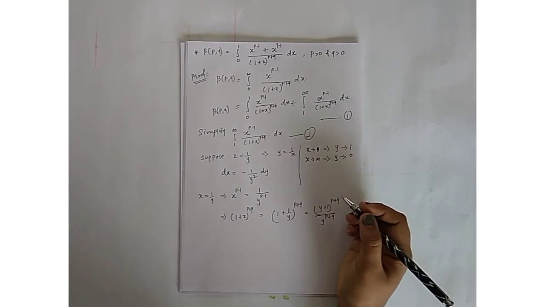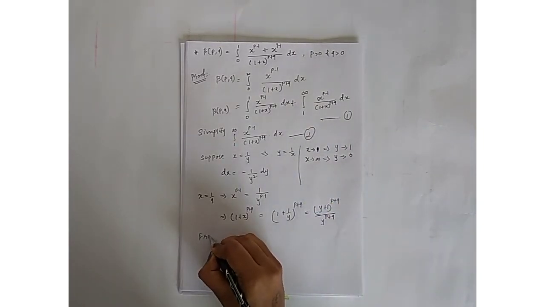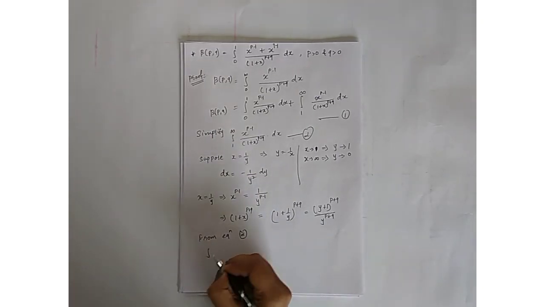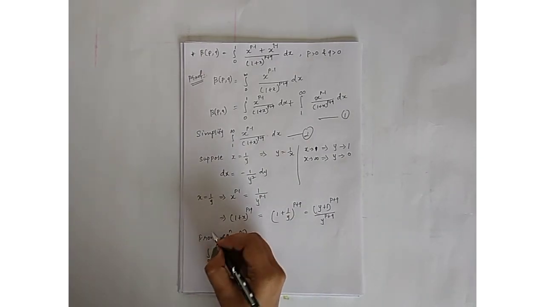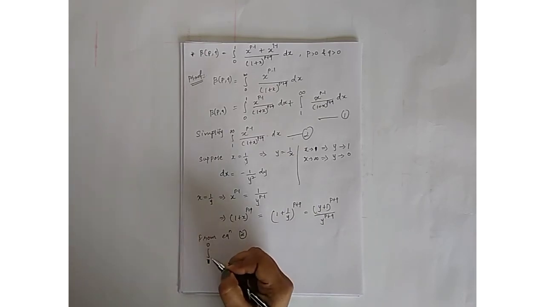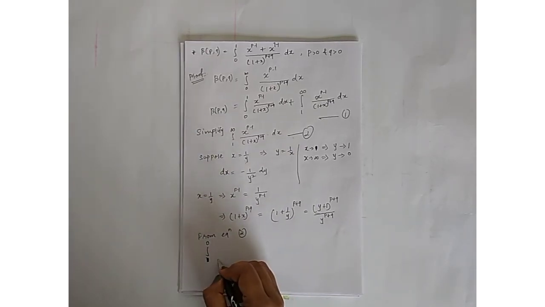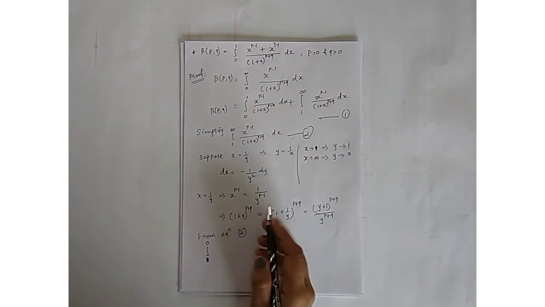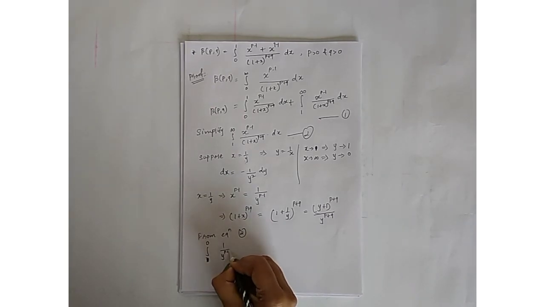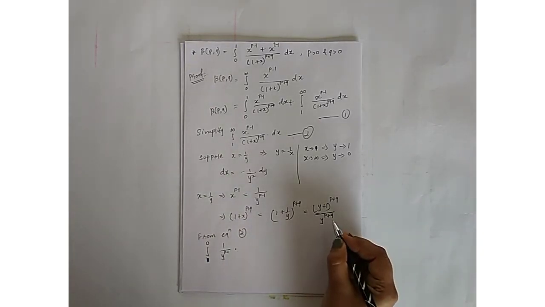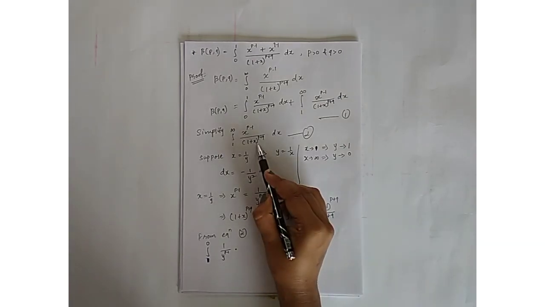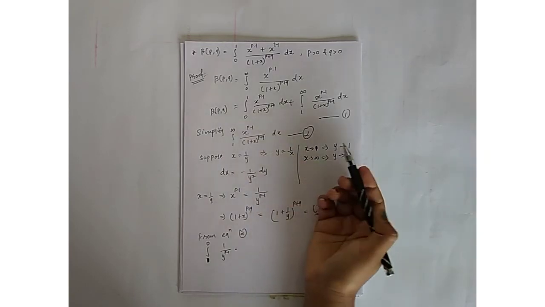So from equation number 2, limit will change 0 to 1, 1 to 0, and x^(p-1), value of this is 1 upon y^(p-1) into 1 upon (1 + x)^(p+q).